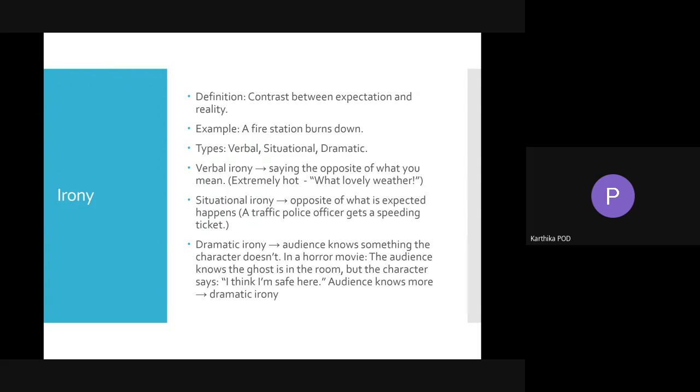Any questions about irony? Did I make that clear? If you are confused about it, you can come up with your own questions and ask, ma'am, is this irony?